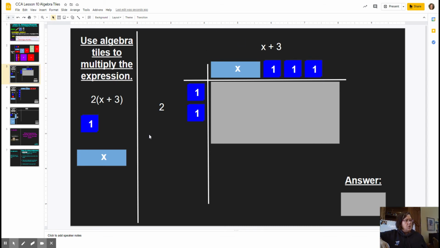Again, you should be sketching what you see here on this page, where those algebra tiles are and those algebraic expressions.